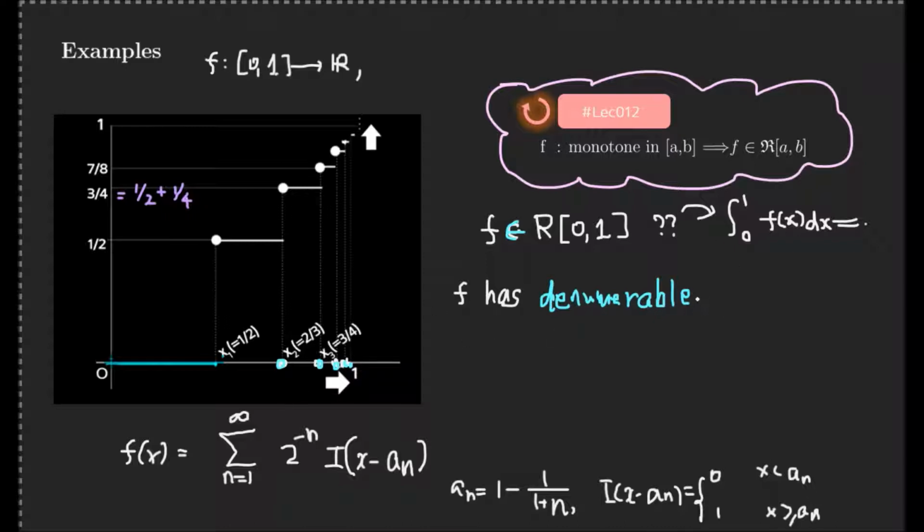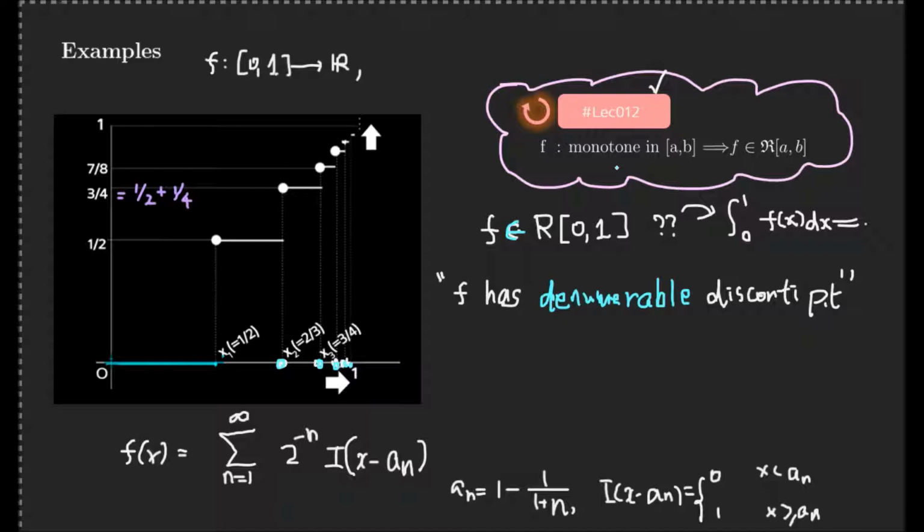F has countably many discontinuous points, but because in the previous lecture 12 it is a monotone function, it is Riemann integrable, and we can evaluate the value.